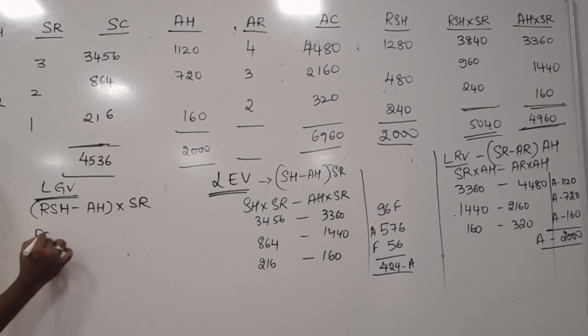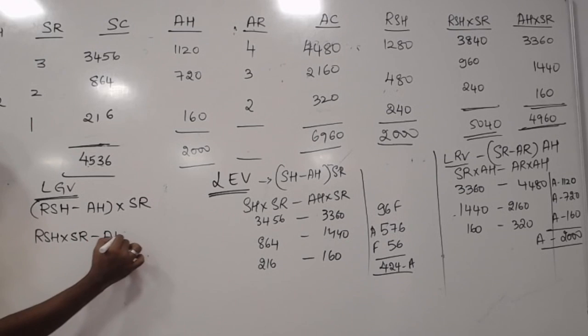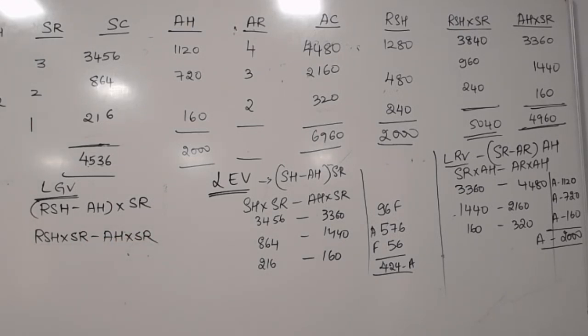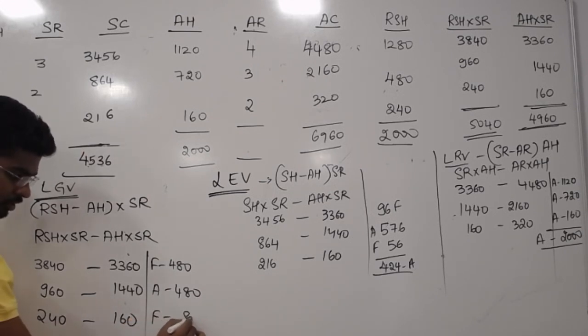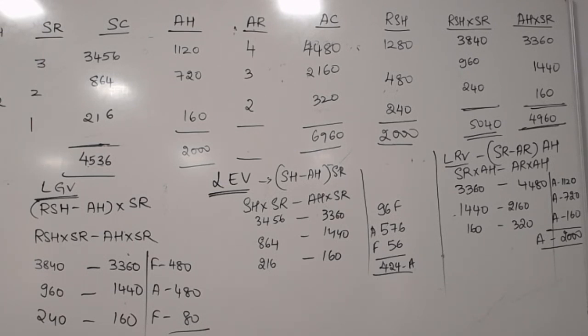Then next one, RSH into SR minus AH into SR. That will be the total, last one.